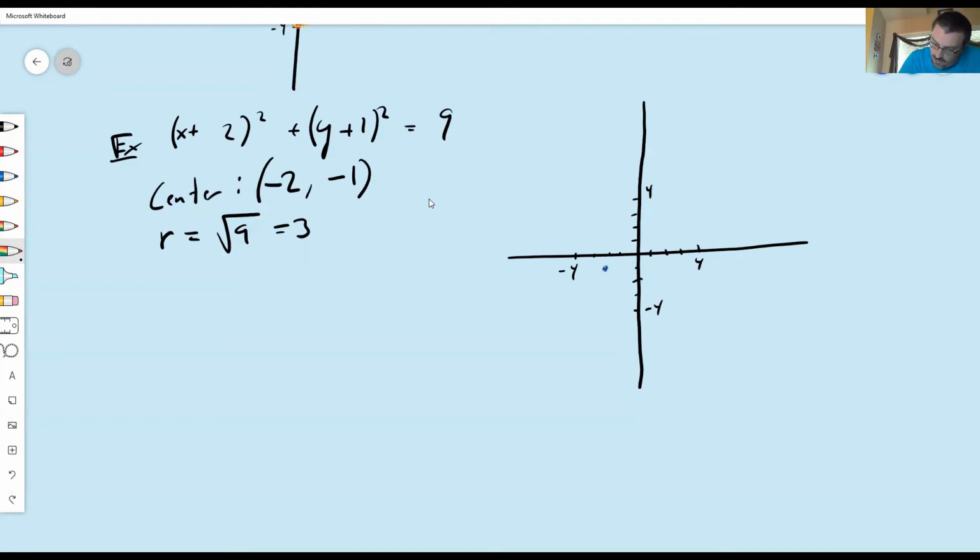So 1, 2, 3 right here. Up 1, 2, 3 right here. Right 1, 2, 3. And down 1, 2, 3. And we'll do our best to make a circle. That's not a very good circle, but hopefully you get the idea here.